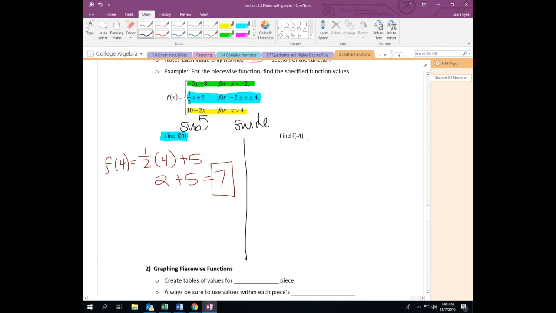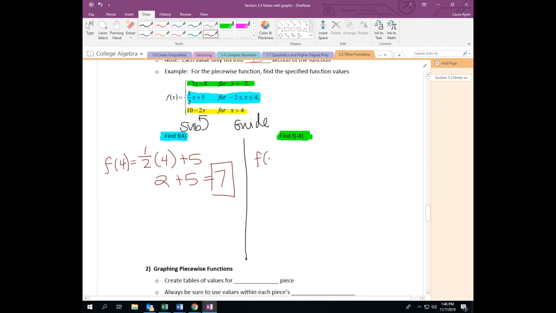Now we just need to determine where negative 4 falls. So again, we go up to our guides and we say, okay, which category is negative 4 in? Is it less than negative 2, in between, or greater than 4? Well, negative 4 is less than negative 2, which means it falls into the green category there. And that means that I'm going to do my substitution into that particular function.